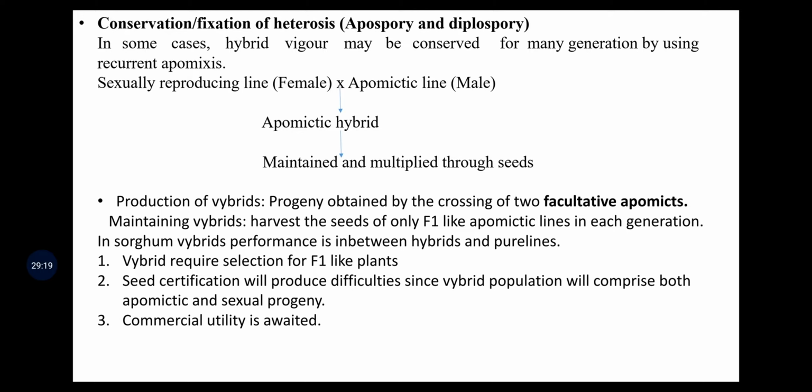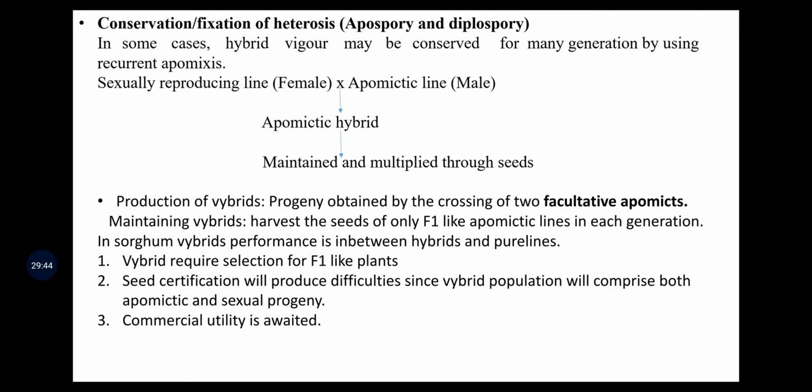That means when apomixis is obtained only through asexual means, in the next generation, if it is not crossable, we won't get favorable results, or we cannot alter it in our own way in further generations. So facultative apomicts are most preferred.